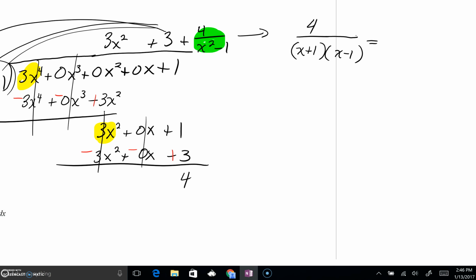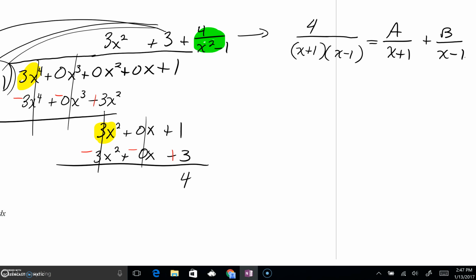No. Everything's raised to the first power. And that's what you want to see. You don't have to do the repeated factors. So instead, we can jump quickly to just saying this is A over x plus 1 and B all over x minus 1.